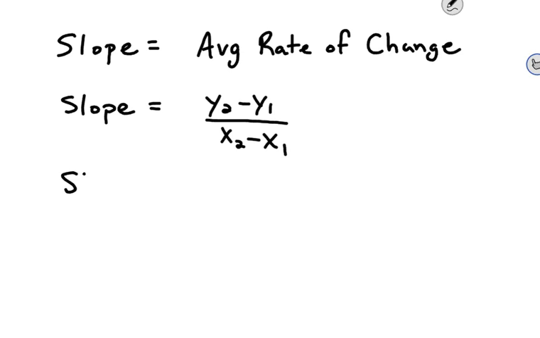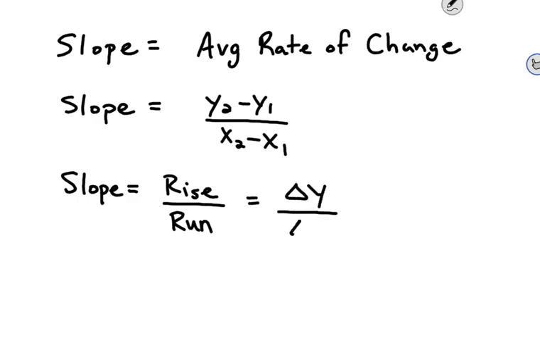Slope is also often referred to as rise over run, where the rise is the vertical change from one point to another, and the run is the horizontal change from one point to another. This can also be referred to as the change in y over the change in x.